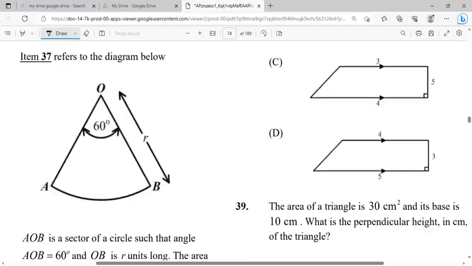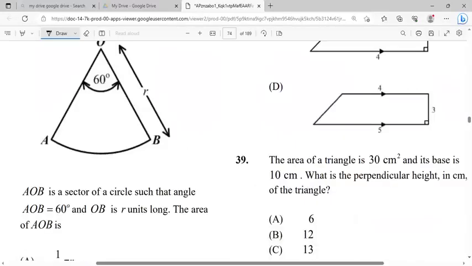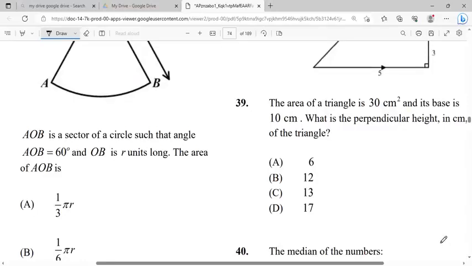37, refer to the diagram below. AOB is a sector of a circle such that angle AOB is 60 degrees and OB is r units long. The area of AOB is, so basically it's the angle over 360 times pi r squared.